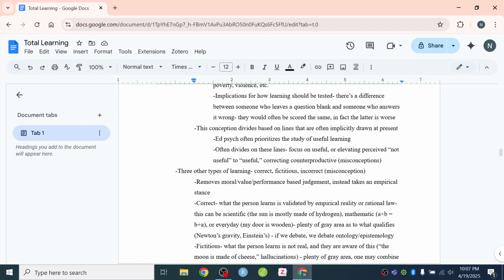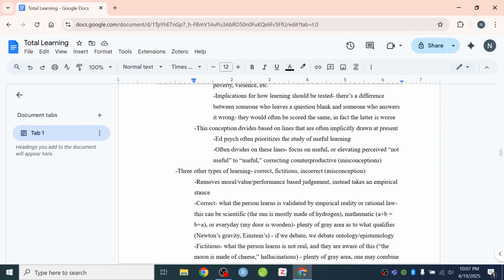Of course, there's plenty of gray area as to what qualifies as correct learning. There's famously a division between Newton's conception of gravity and Einstein's conception of gravity, and depending on which science class you're in, you might hear either one of those conceptions presented as being correct.